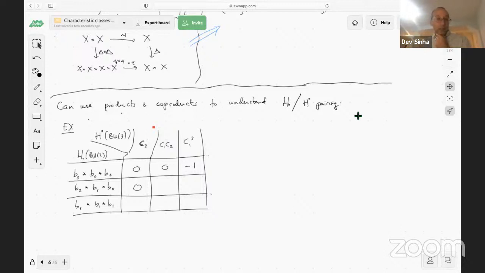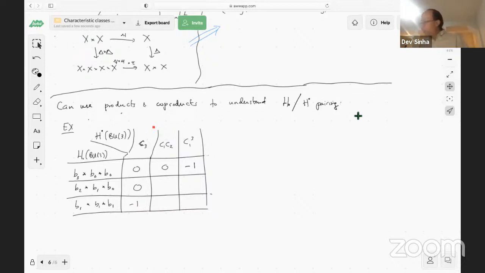B1 star B1 star B1. So I've got C3 on that. That's the Euler class of this bundle, and again, I think it should be -1 because it's the product of the Euler classes using the Whitney Sum Formula.